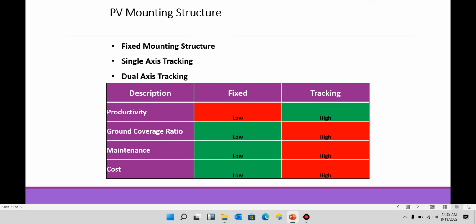The PV mounting structure is categorized into three types: fixed mounting structure, single axis structure, and dual axis structure. Each of them has some pros and cons. Let's discuss one by one.